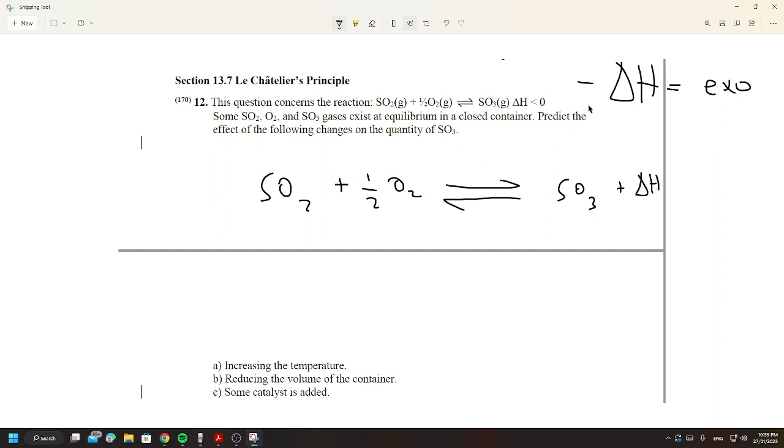Since the reaction is exothermic, heat is being produced, so now we can answer much more easily. If we increase the temperature, the system will try to decrease it. So to decrease the temperature, the backward reaction is going to be favored. Therefore SO3 is going to be consumed, so the quantity of SO3 will decrease.